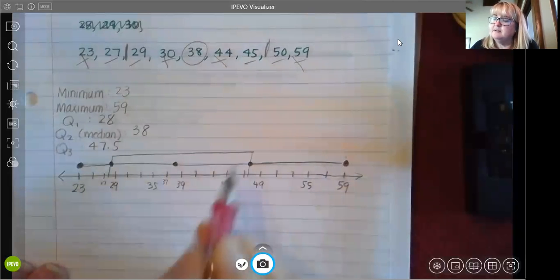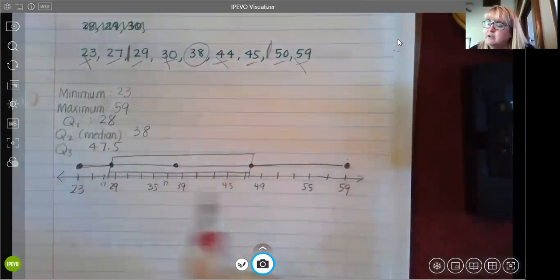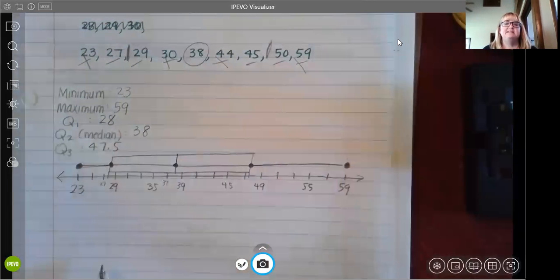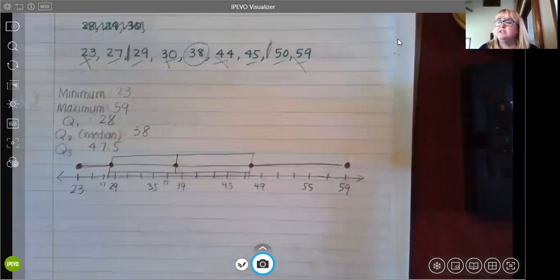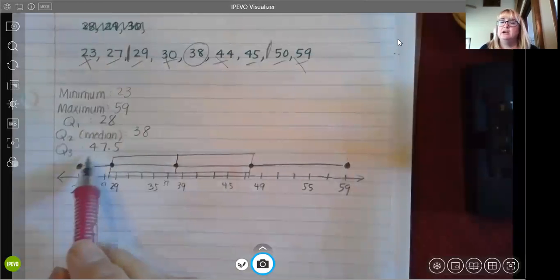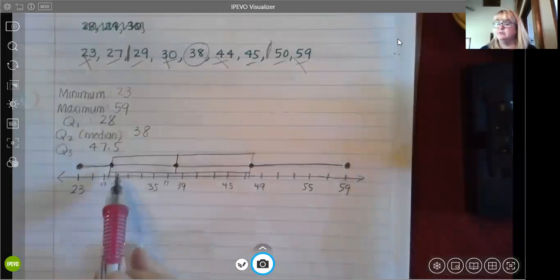All right, I may go ahead and close that box. So this is a box plot. Oh, and then we draw a line here. And a box plot, what it does is it separates the data into quartiles. So 1/4 of the fitness instructors are in this age range, are between 23 and 28 years old.